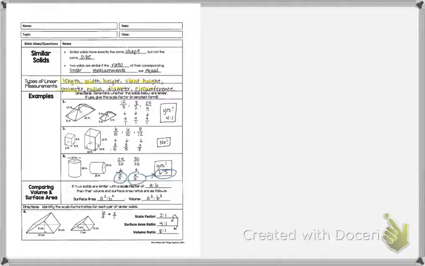Okay? We need this. When we're going to compare volume and surface area, the one that we start off with is your linear. It's your scale factor. This is who we start off with. Whenever we do area, your units are squared.